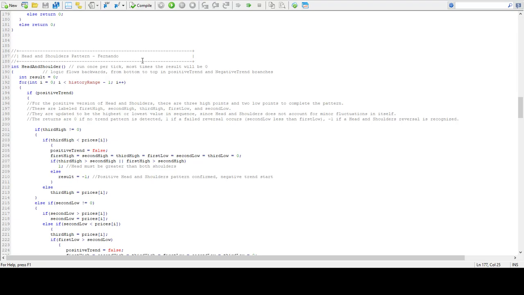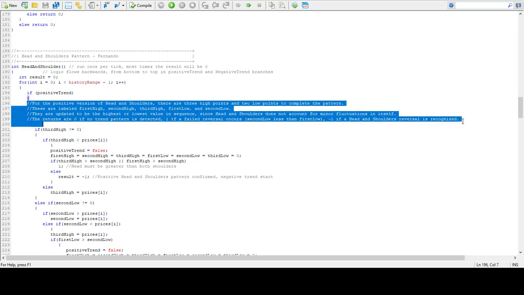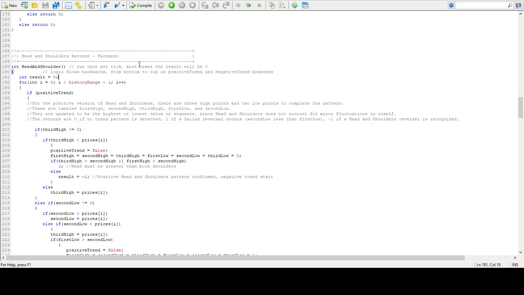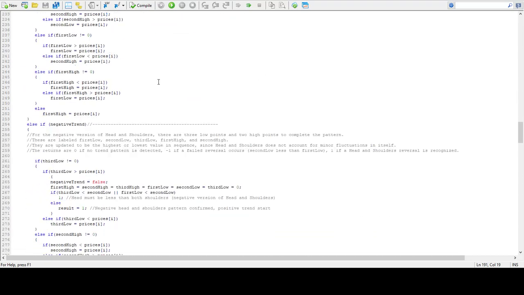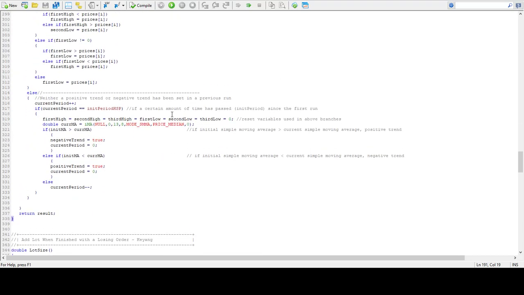This pattern is a bit difficult because I had to do the logic backwards. So we have to start from the bottom in this case. It keeps iterating the current period.